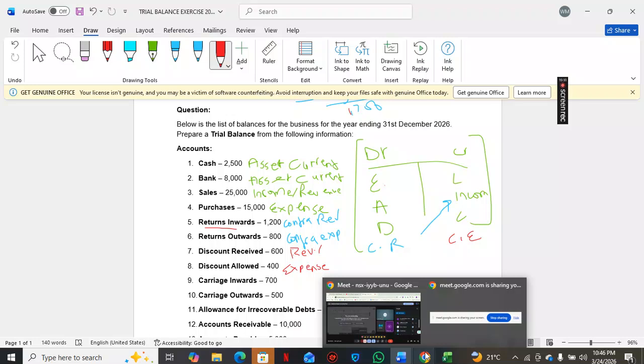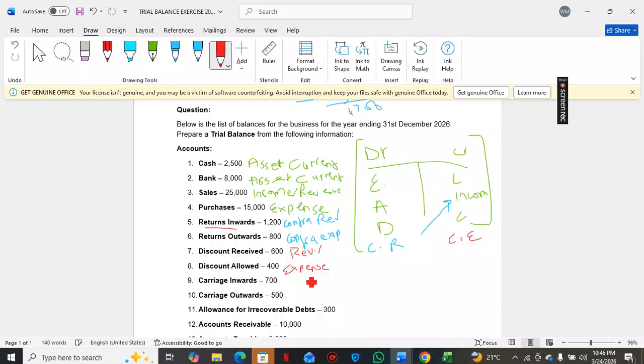That's correct, sir. Thank you very much. Delivery expense. Okay. What is carriage inwards? The expense you incur when bringing in goods. Okay.